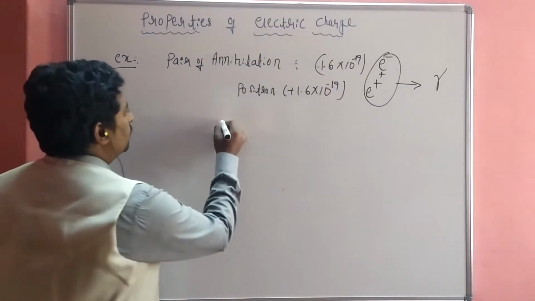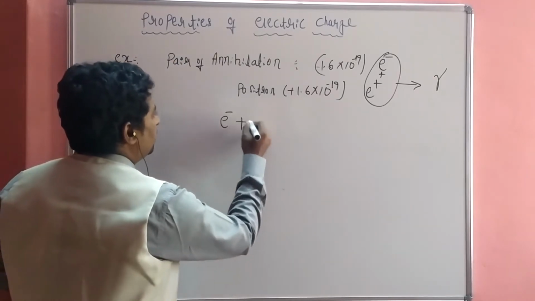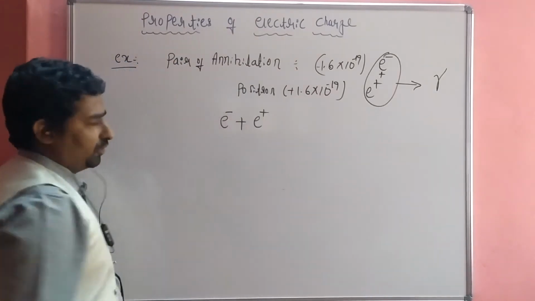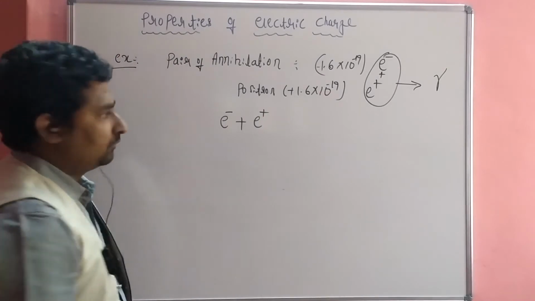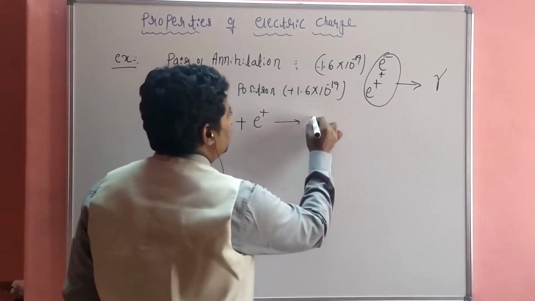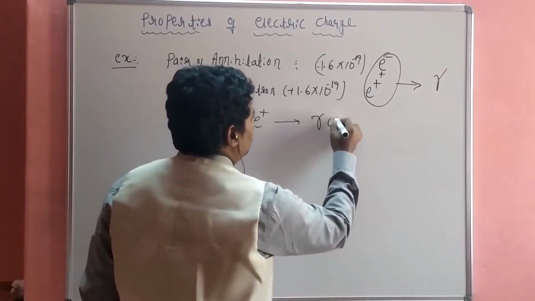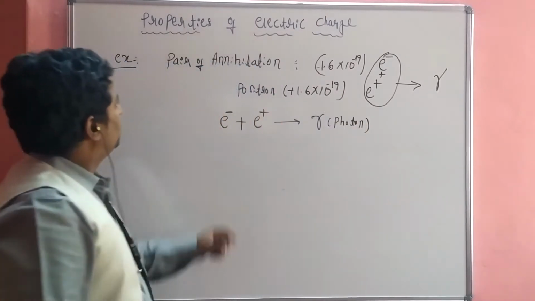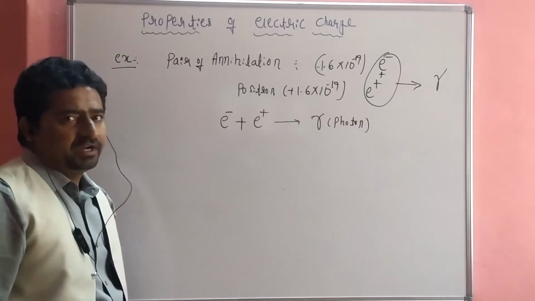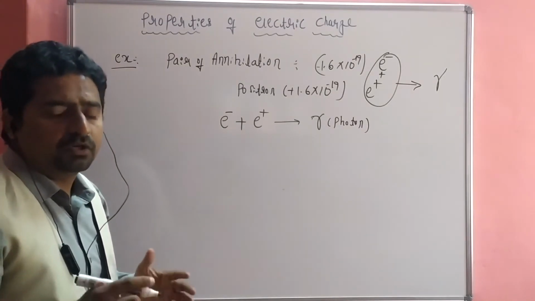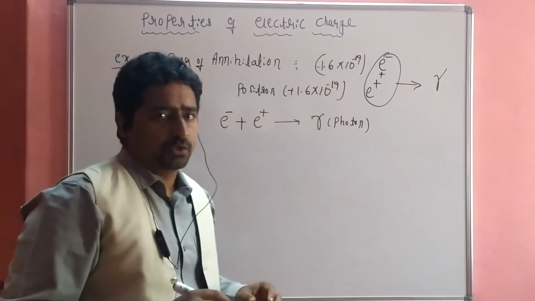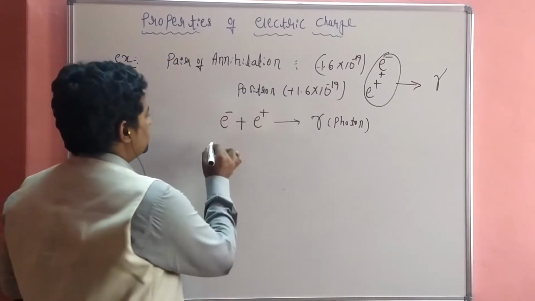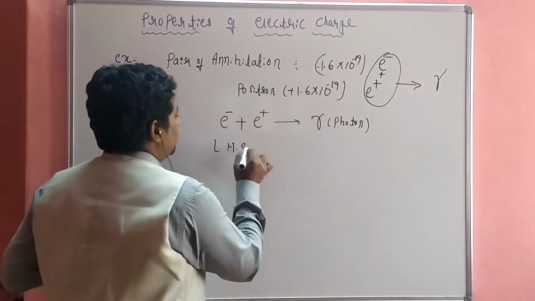This process is called pair annihilation. It is the best example of how charge is conserved. So let's take the LHS side.